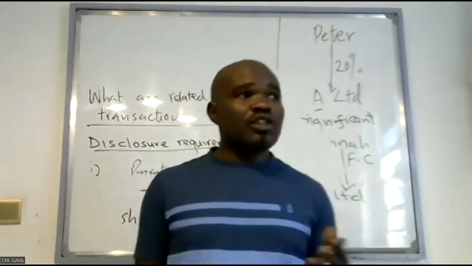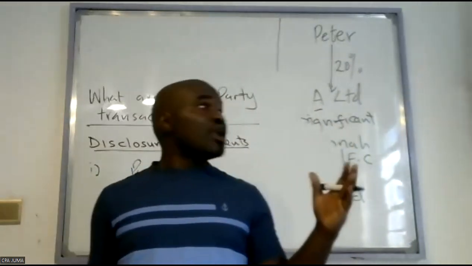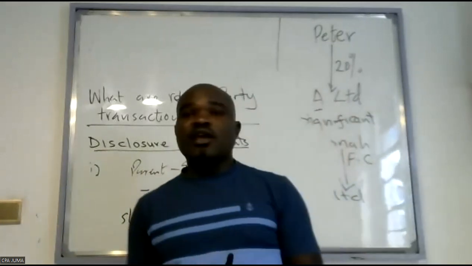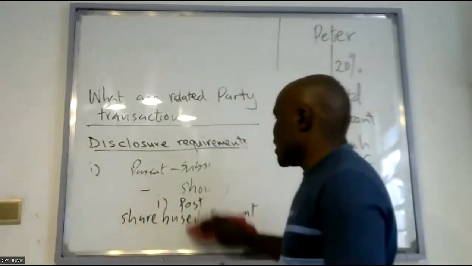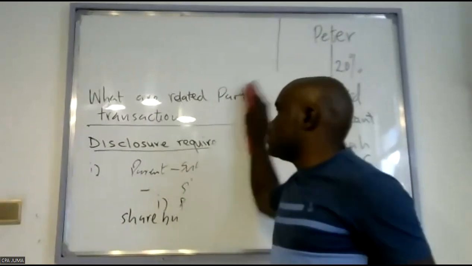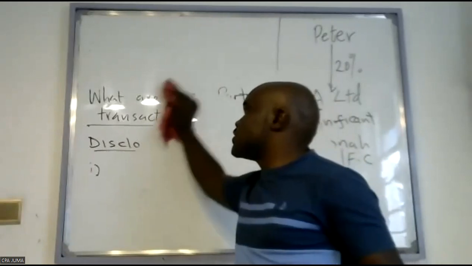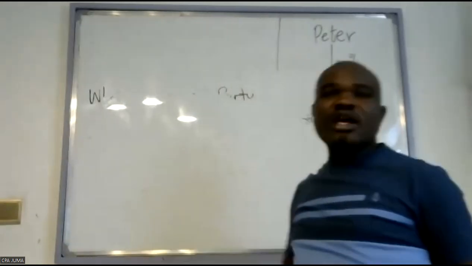Now, nowadays we normally do IAS, IFRS, and there is IPSAS. IPSAS, I told you, are those standards in public sector entities. So to some extent you find most of them are the same.